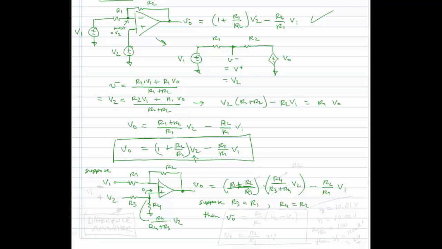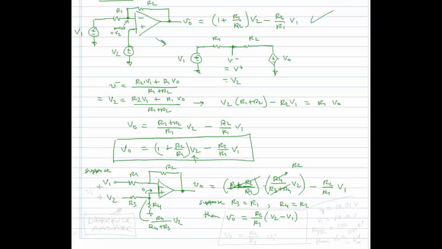I have R1 plus R2 equal to R3 plus R4, and R4, so these will cross out right here. And this is just R2. And so what I end up with is R2 over R1 times V2 minus V1.